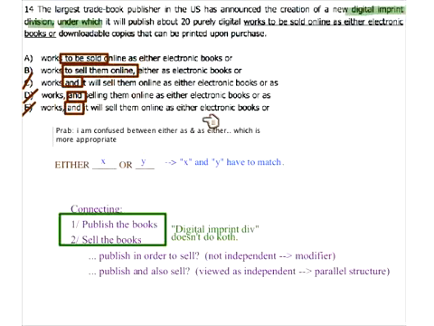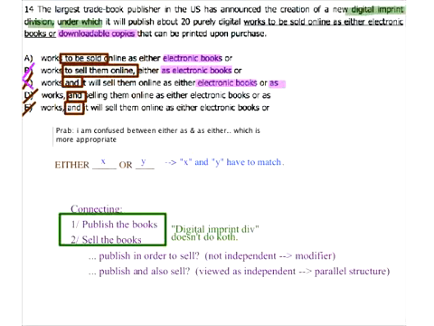So let's see what happens with the matching game here. In A, this is just electronic books, and that's downloadable copies, so A is parallel. In B, this is as electronic books, and this is just downloadable copies, so B is not parallel. We've already eliminated the other choices, but let's see how they do. Either is followed by electronic books, or is followed by as downloadable copies. That's incorrect.